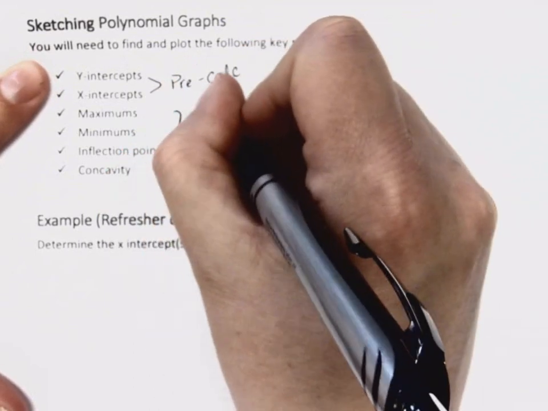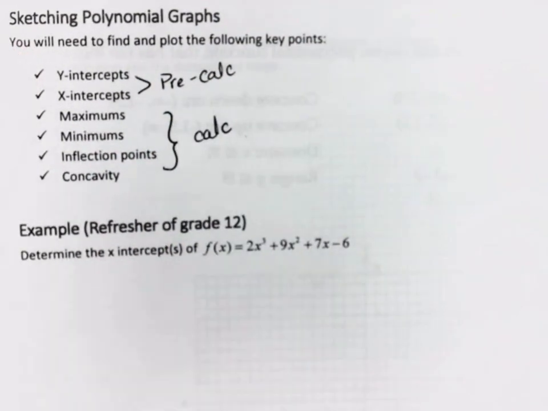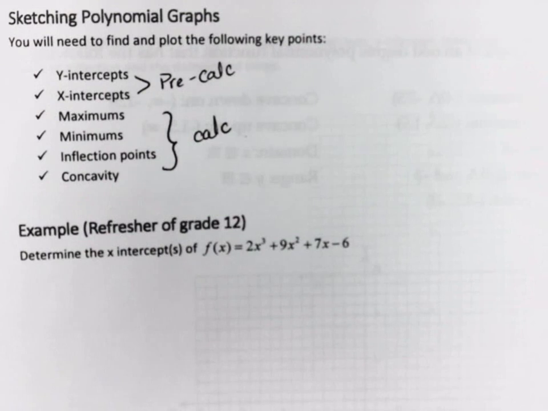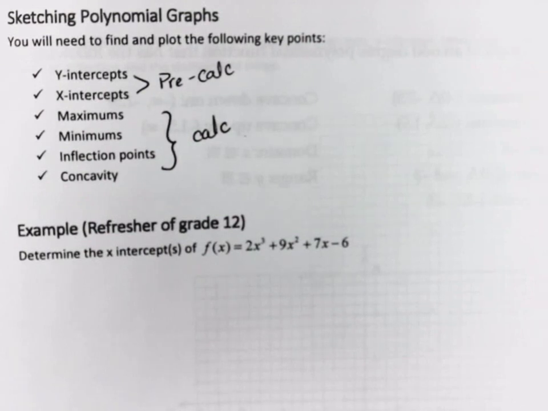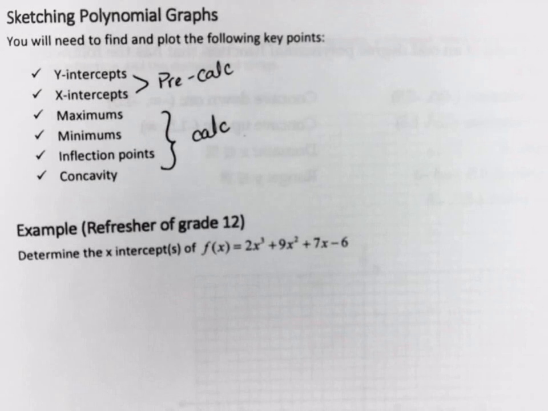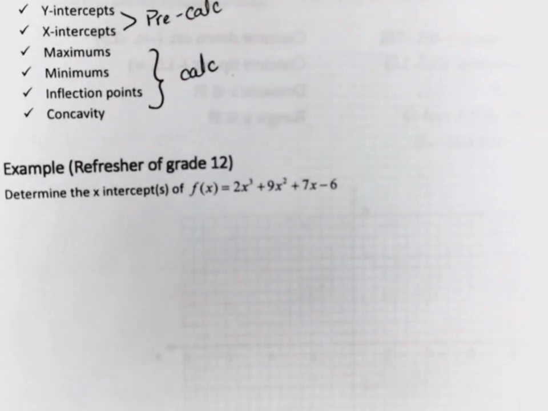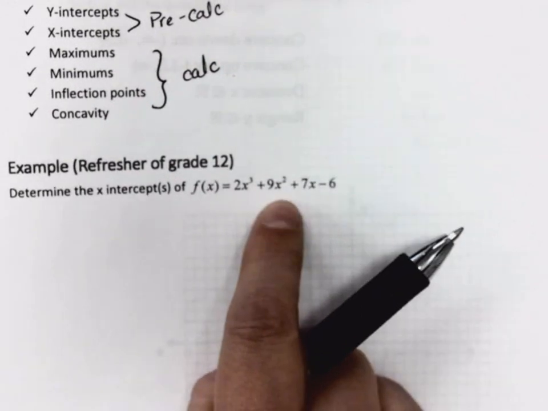Our job in grade 12 was to learn the end behaviors, what the positive and negative leading coefficients did, and how to do synthetic division. Now that you know how to do that, I expect you to do all of that and all of this. So let's synthetically divide this one.